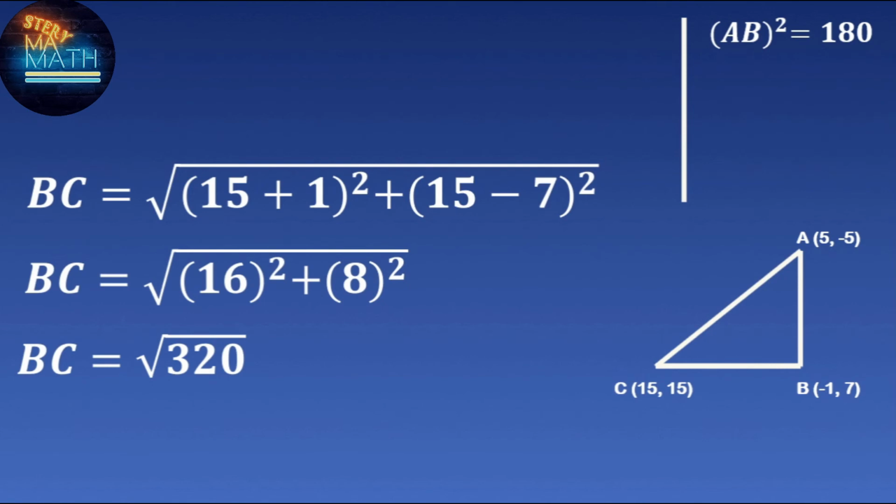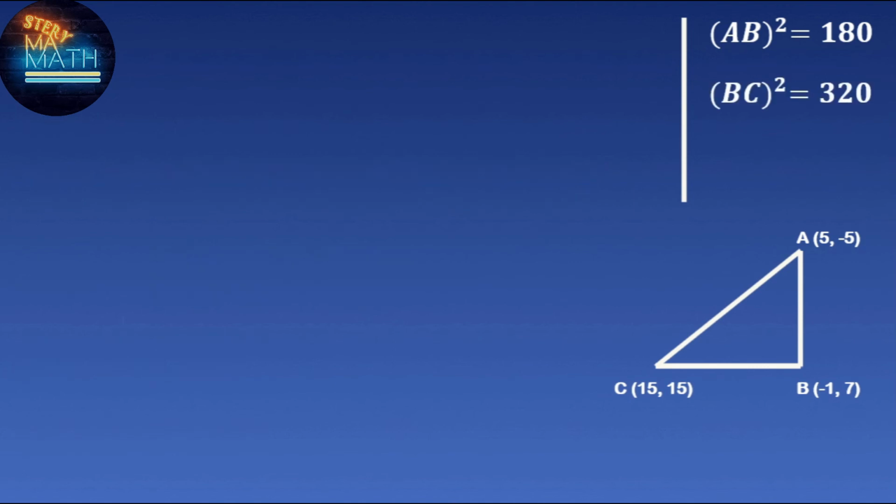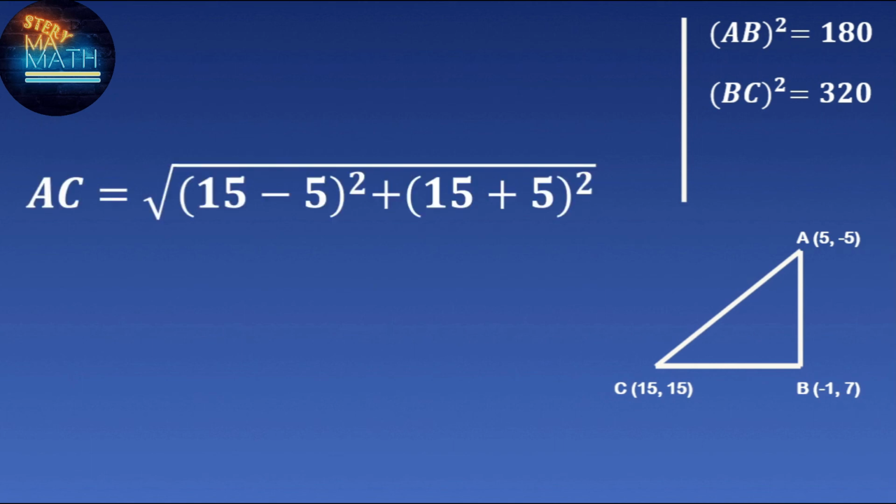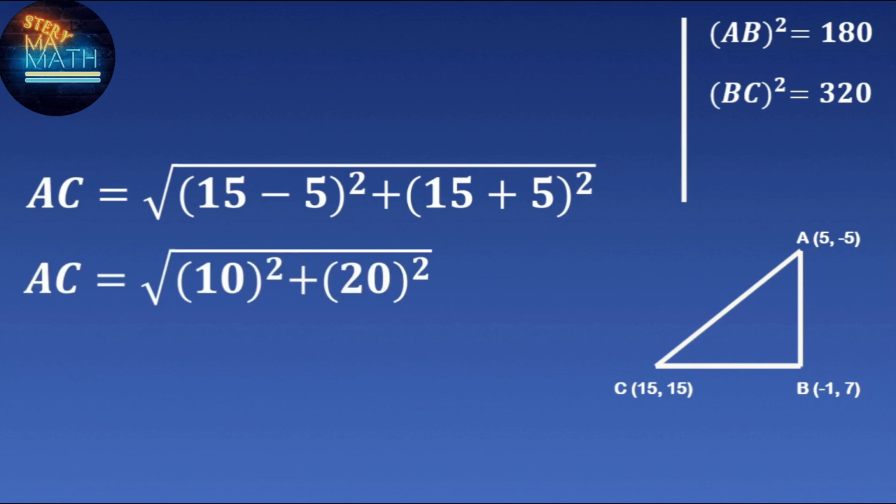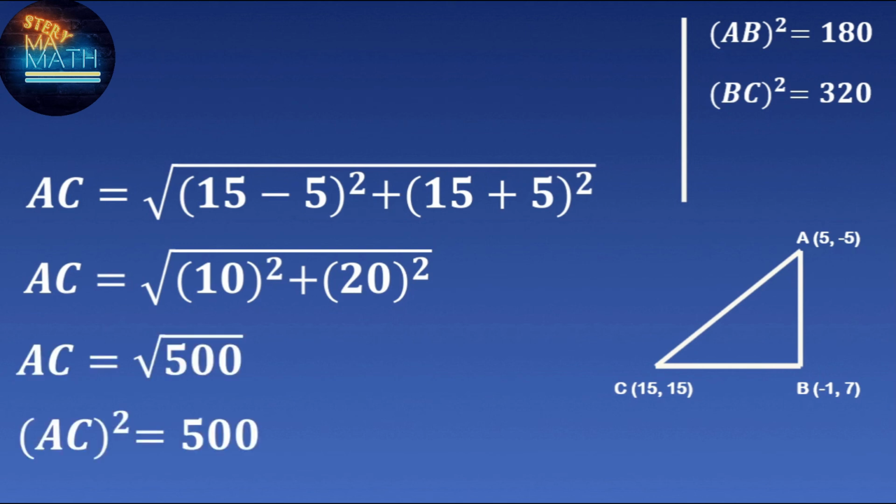And by squaring both sides, BC squared is equal to 320. And finally, let's get the distance between A and C. So AC is equal to the square root of (15 minus 5) squared plus (15 minus negative 5, which is 15 plus 5) squared. So it will be the square root of 10 squared plus 20 squared. It will be the square root of 500. By squaring both sides, AC squared is equal to 500.